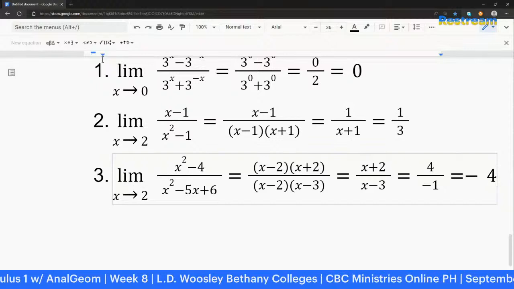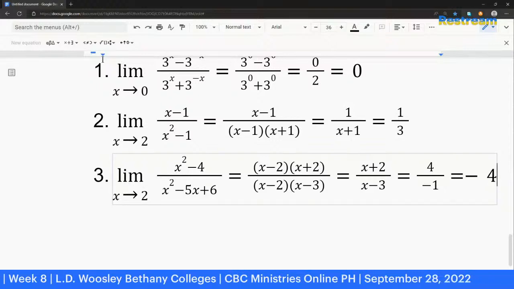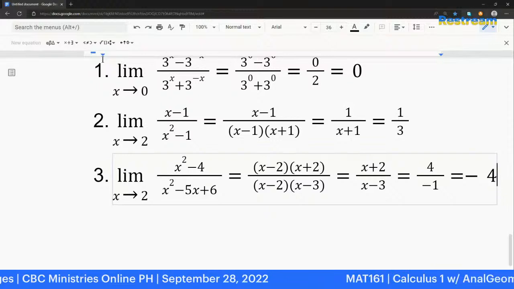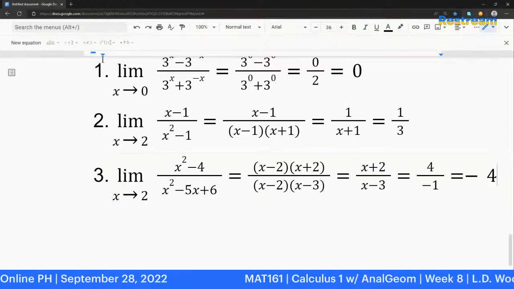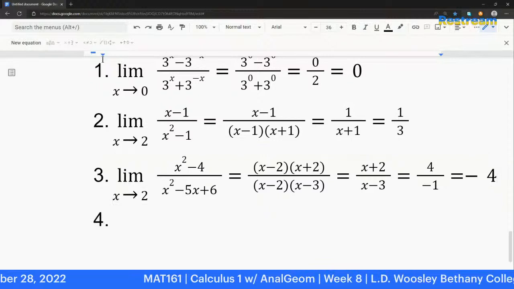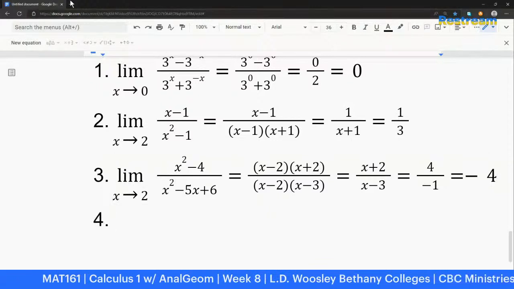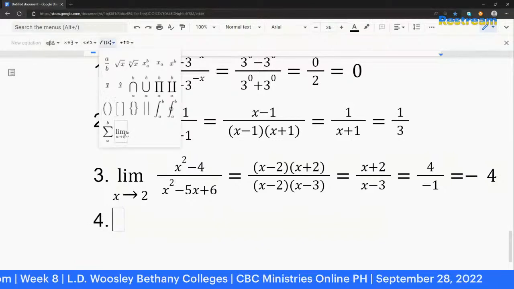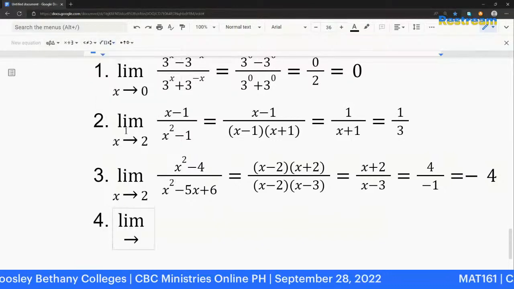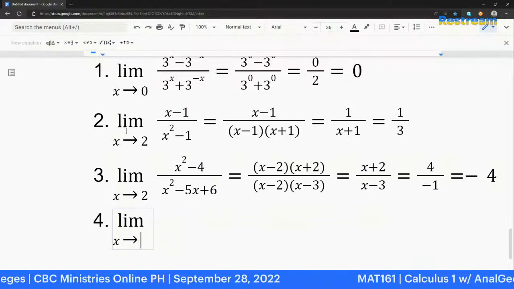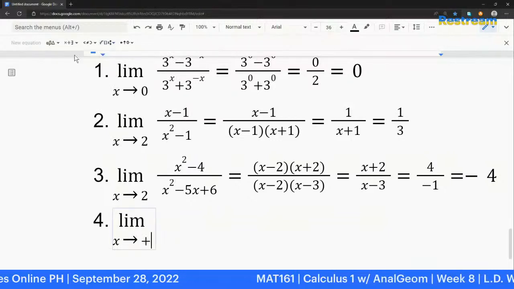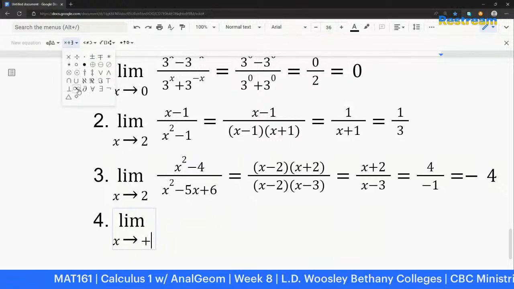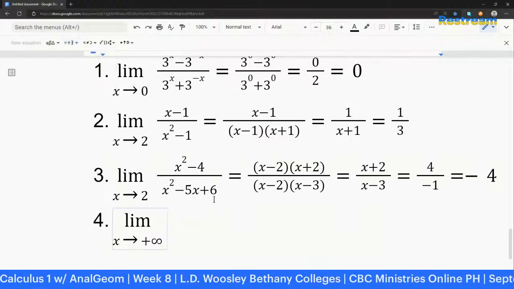Sige. Dito naman, for the three of you, sa inyong tatlo, pwede nyo sagutin ito. Mag-usap-usap kayong tatlo. Alright, so limit at x as it approaches positive infinity. Nasaan ba yung symbol for infinity natin? Ito. Positive infinity, ano ang laman?